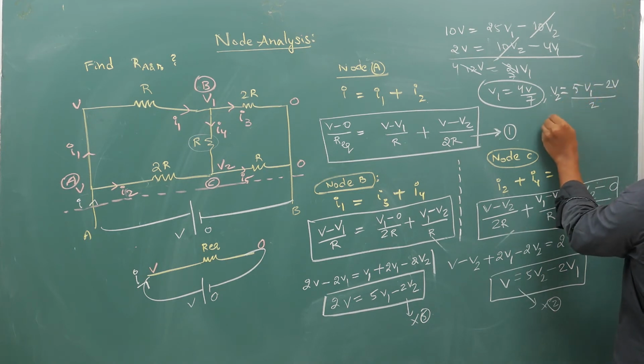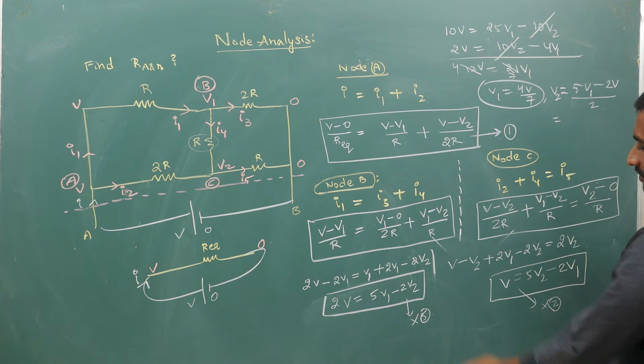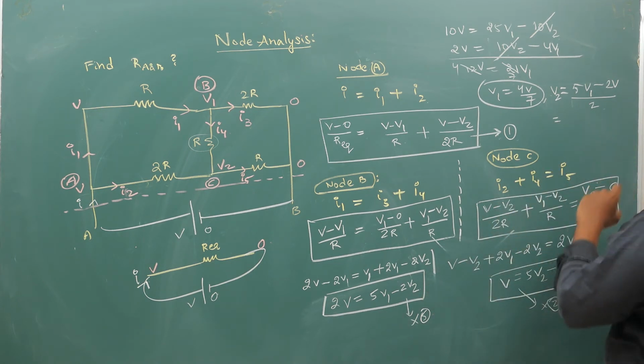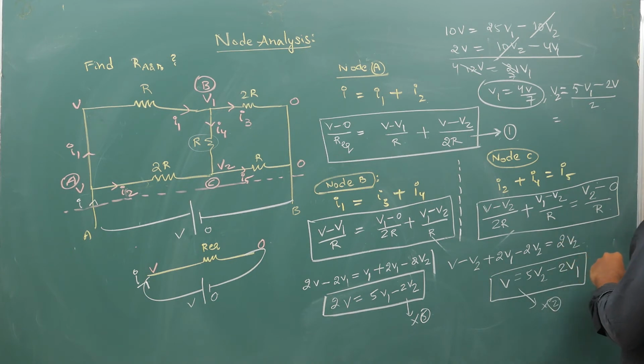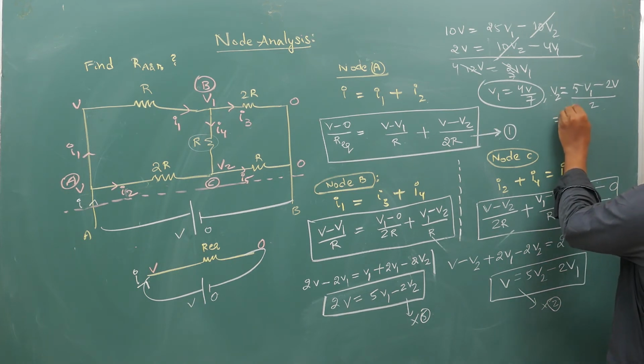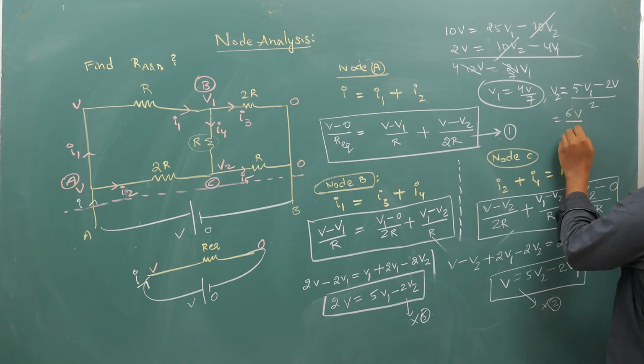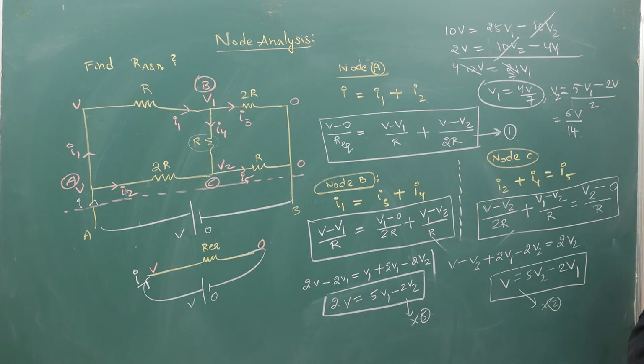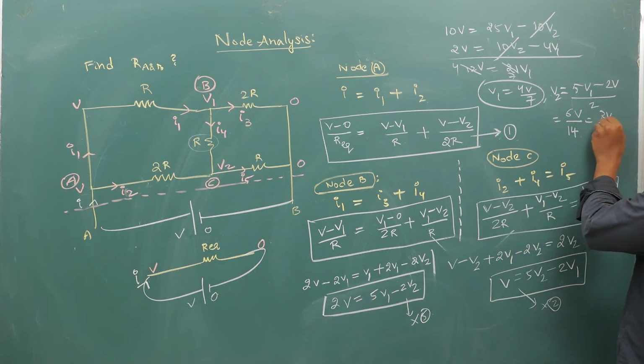So if you simplify from this equation, I am writing it here. 5 times V1 means 20V by 7. 20 minus 14 will become 6. 6V by 14 is what you are going to get. So that is equal to 3V by 7.